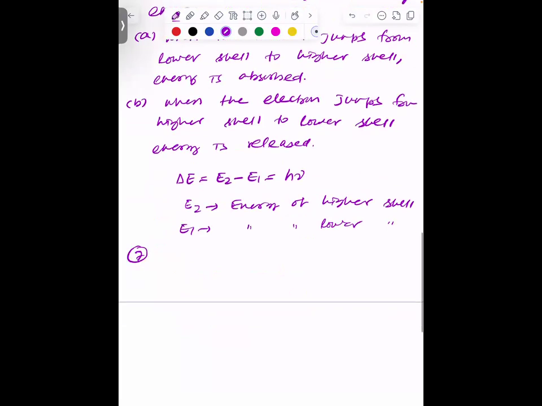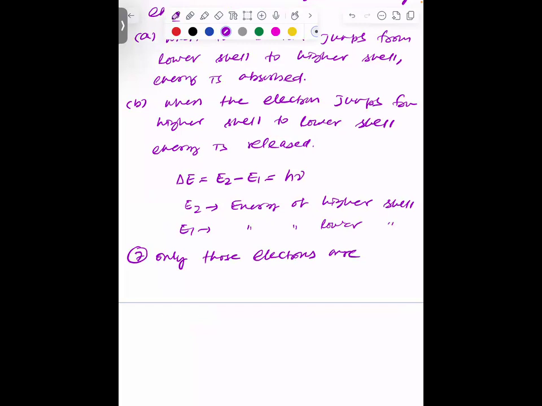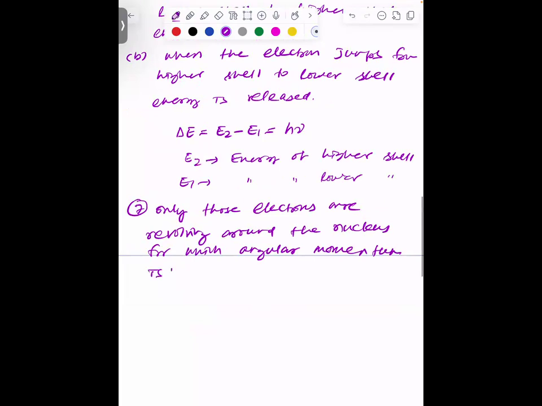According to Bohr's atom model, only those electrons are revolving around the nucleus for which the angular momentum is an integral multiple of h by 2 pi.